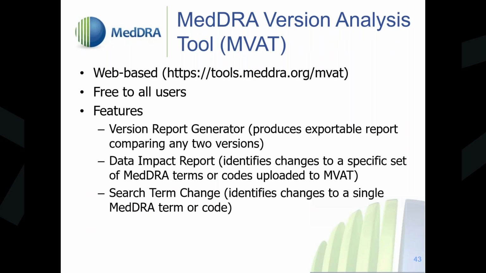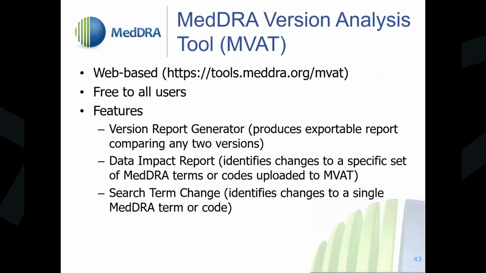Is any of the LLTs that I used in my version 27 now considered non-current? Or maybe any of the LLTs I used in my version 27 has now been promoted to a PT level, or maybe has now been linked to a different system organ class that I need to be made aware of.